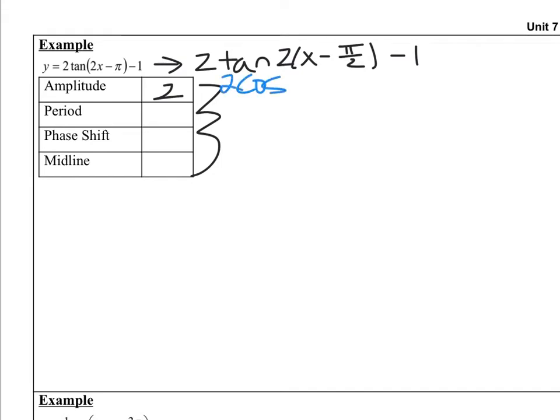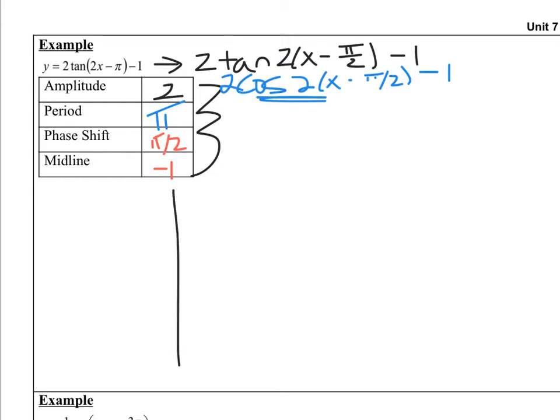So the same thing as 2 cosine 2x minus pi over 2 minus 1. So my period for cosine would be pi. My phase shift is right pi over 2. Midline is down 1. I emphasize that because when we actually graph tangent, you're going to see something weird happen with my period of tangent compared to everything we've looked at before.